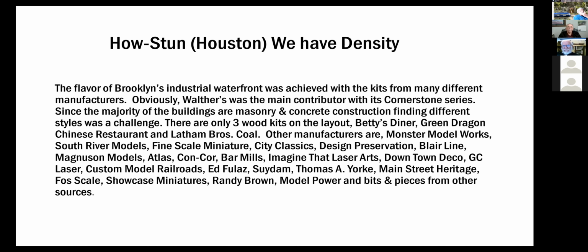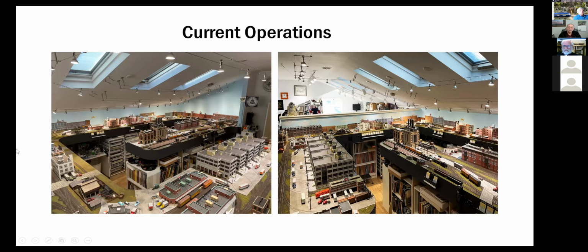Of course, Walthers being one of the mainstays for any kind of large, semi-urban buildings, but a lot of other different manufacturers. I think there were 28 different manufacturers' kits on the layout to achieve what we would call the density. So current operations, this is what the layout looks like now. It's gotten filled up.